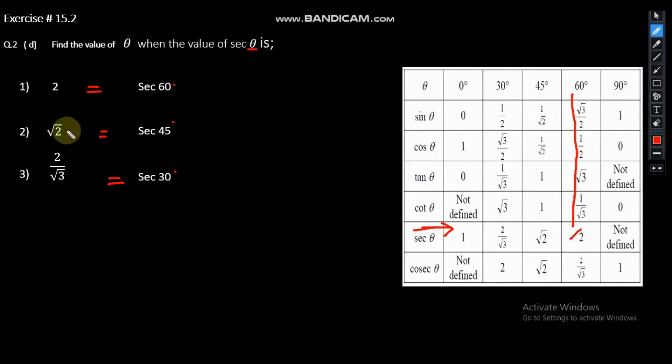Now 2 under root 2 is equal to 45 degree, and 2 upon under root 3 is equal to 30 degree. Is it clear? This and this. Now let's move to the next question.